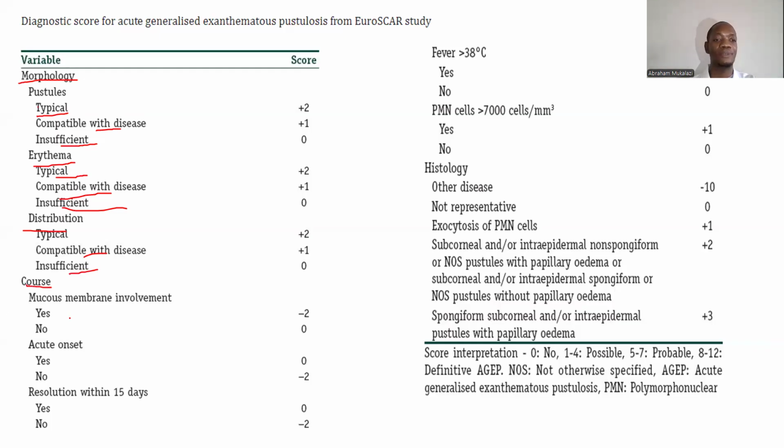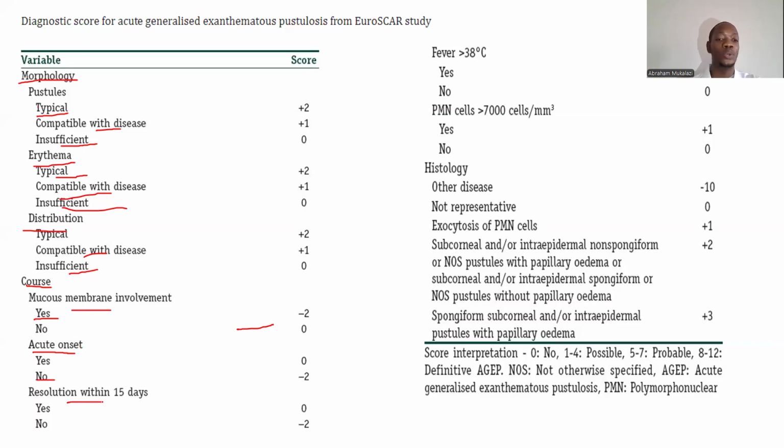Then the next one, if there's mucosal involvement, AGEP does not usually involve mucous membranes. So if there is mucosal involvement, they get a negative score, -2. And depending on the onset, if it is acute, less than 4 days, then we give them a 0. If it is maybe chronic, maybe the onset is not acute, maybe after 2 weeks, then they even get a negative mark.